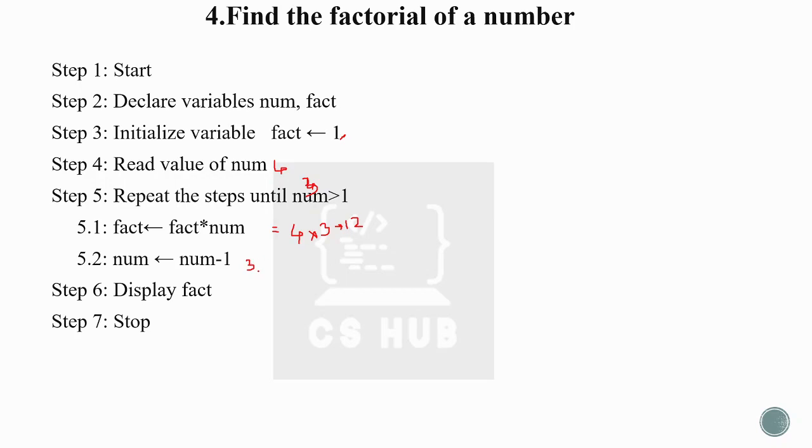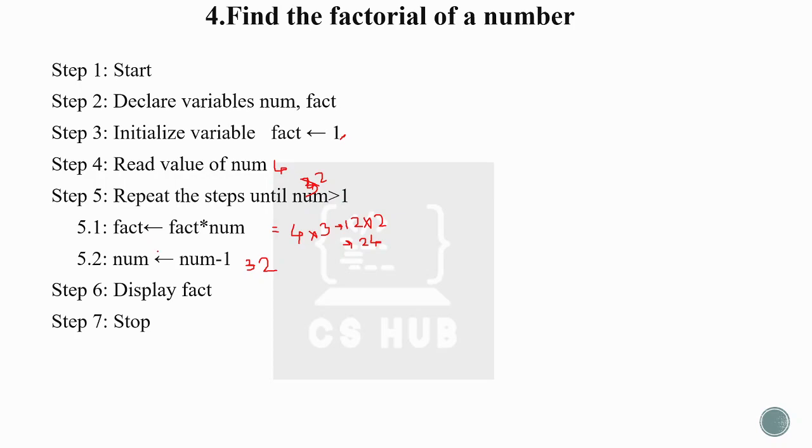Again, num got decremented, which means our num is 2 now. And that 2 is greater than 1. Correct. Then what to do? Fact into num. Fact is 12. Then fact into num is 2. 12 into 2 is 24.